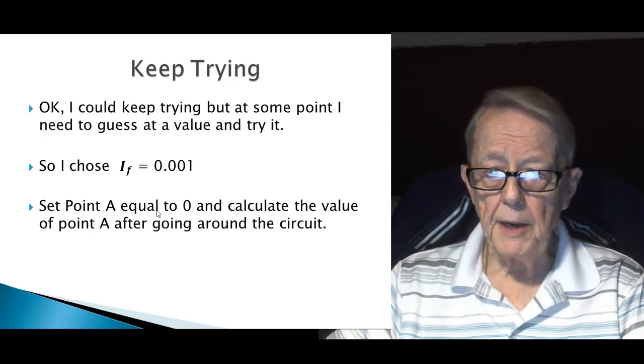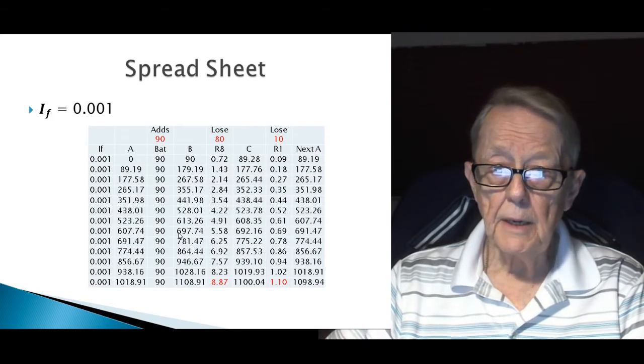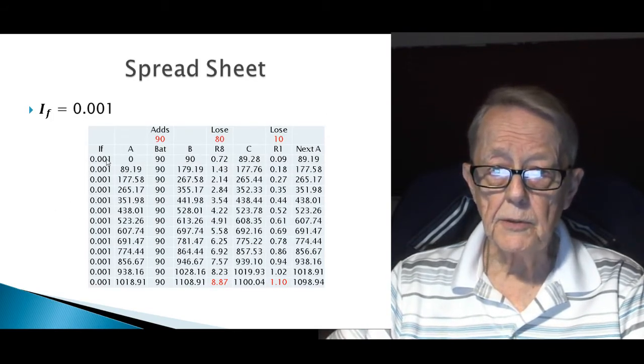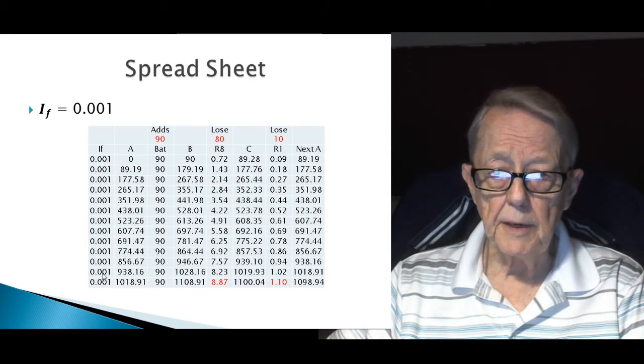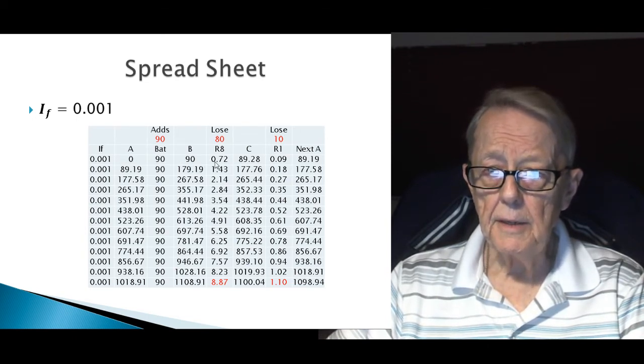So I set point A equal to 0 and calculate the value of point A after going around the circuit. And I did a spreadsheet. So here's I sub f equaling the number. Here's A as the starting point. Battery adds 90, get 90.